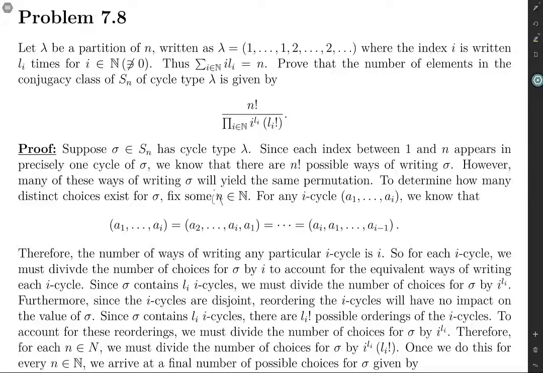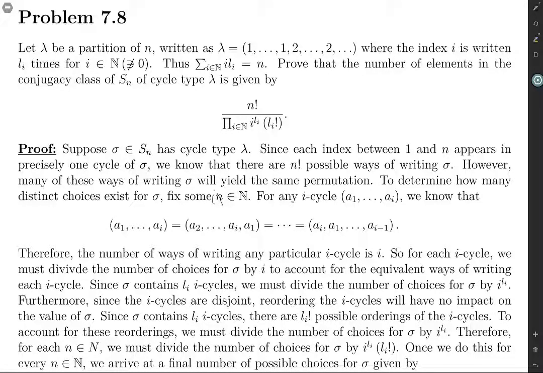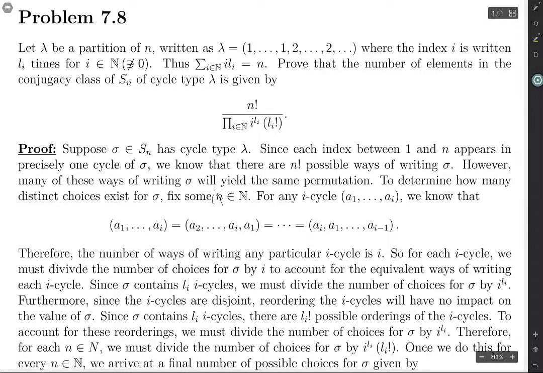So for some I in the natural numbers, for any I cycle, writing it in different ways gives you the same exact thing. If the I cycle goes from A1 through AI, it doesn't matter which one you write first, so long as you go in order, increasing the index by 1, and then after AI, looping back to A1, you're going to get the same thing.